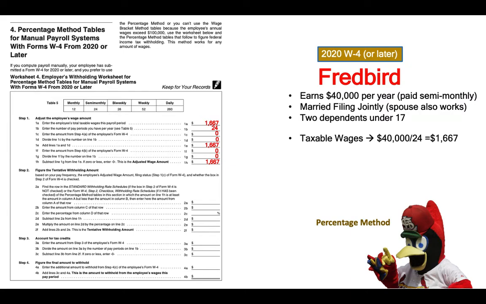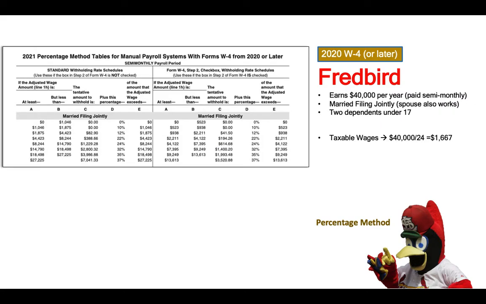From here, we need to go find the right percentage table. Within section 4, there is a percentage table for semi-monthly payroll for W-4 forms that are 2020 or later. This has 2 different sections, both married filing jointly here. On the left-hand side, you see standard withholding rate schedules when the W-4 step 2 box is not checked.